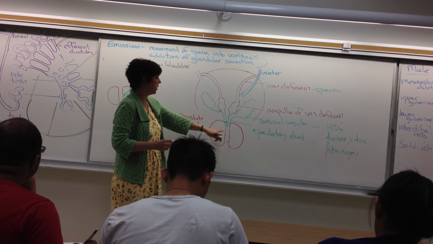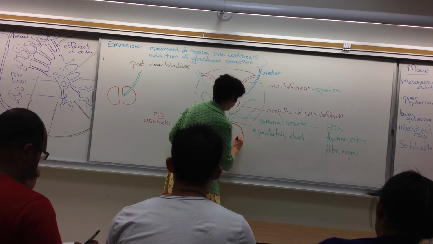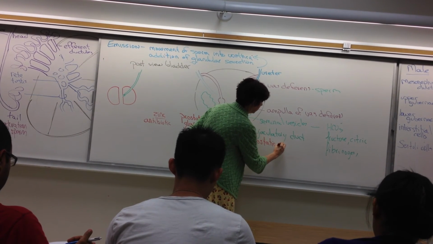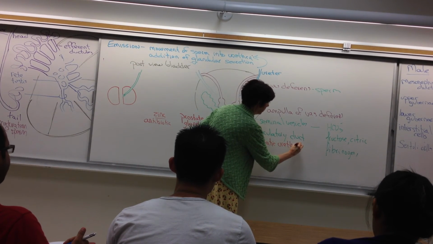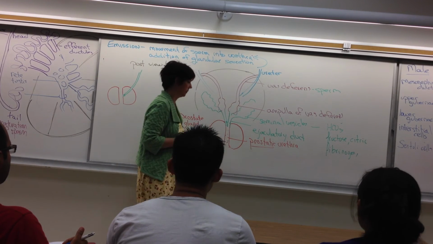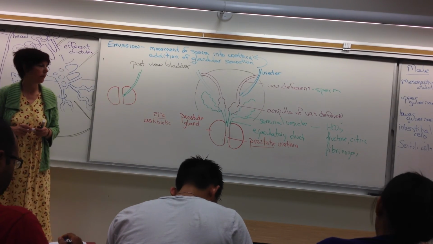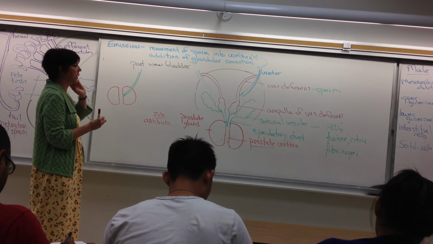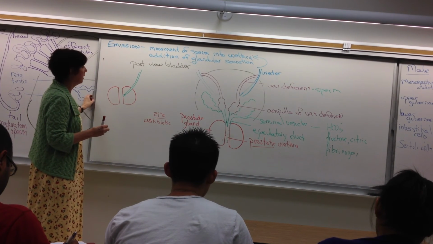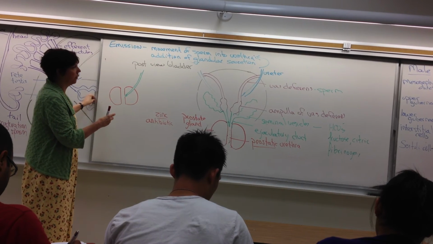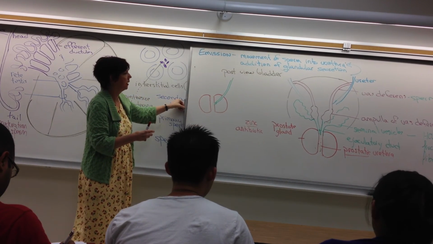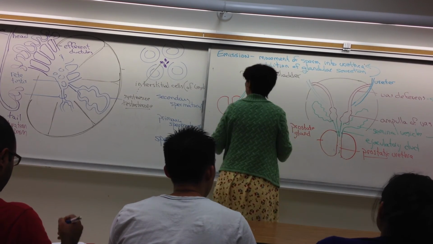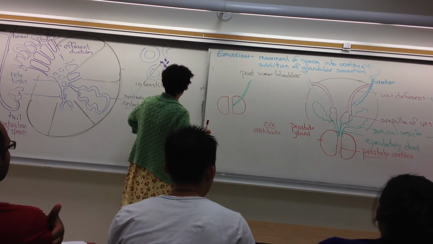This first portion of the urethra is identified as the prostatic urethra. And we have three regions of the urethra. So I'm going to move this screen over and move that whole area up a little bit higher.